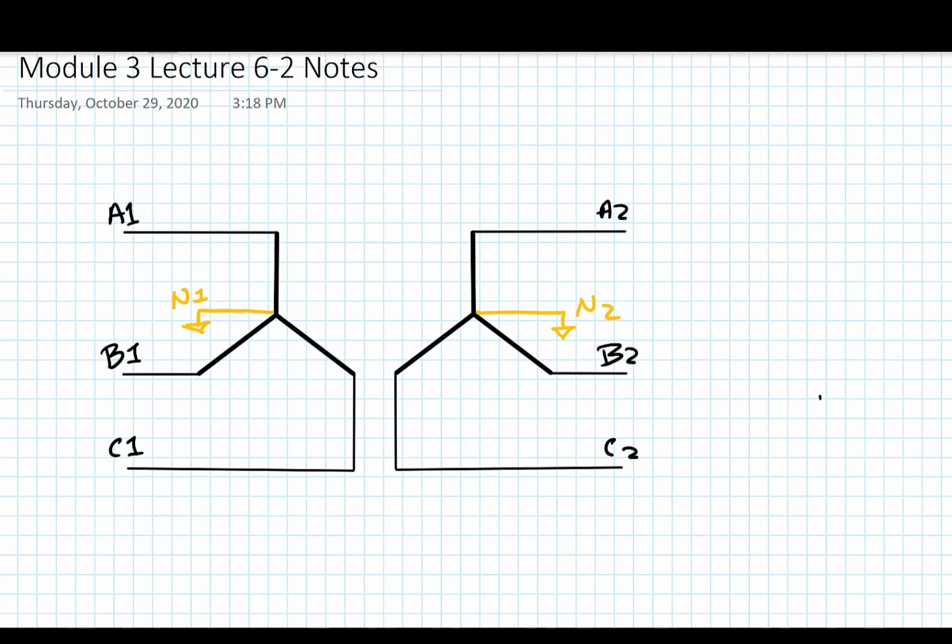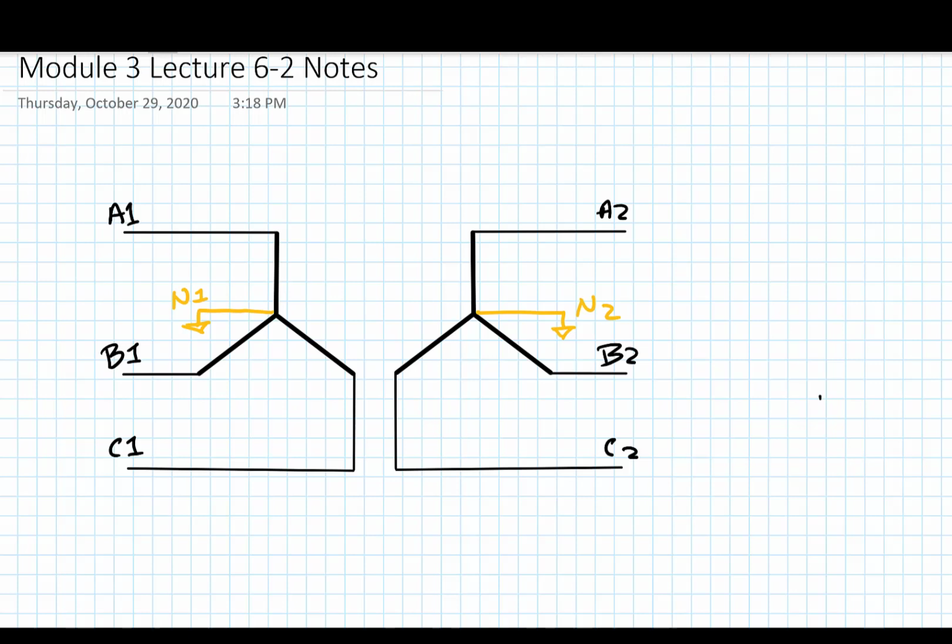Now, we had first introduced three-phase circuits, and we showed that if you had a three-phase source connected to a three-phase load, there was a neutral at each end, and effectively those neutrals were connected to each other.